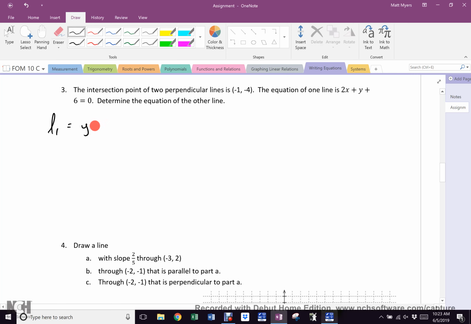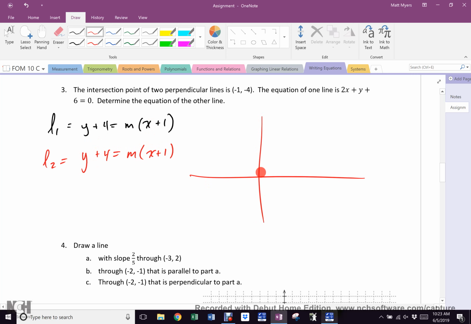In point slope form, y plus 4 equals, do we know our slope? m times x plus 1, yes? And what is line 2? y plus 4 equals m x plus 1. How can they be the same?